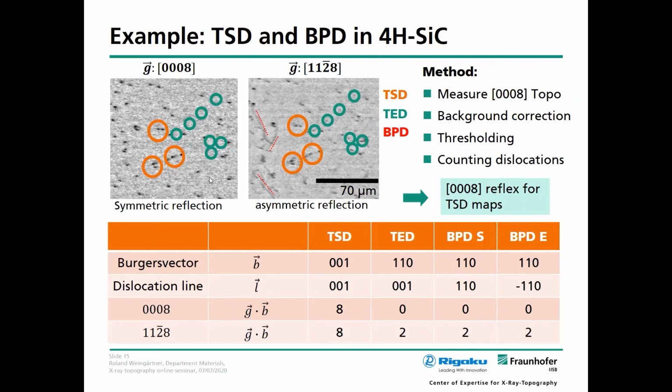So therefore, our conclusion is, if we want to map threading screw dislocations, it's sufficient to measure the 008 topograph and make dark spot counting. This is exactly the method. We measure this topograph, and then of course we make some dark spot counting. So we make a background correction in order to be able to set a meaningful threshold, and we can now count our dislocations.